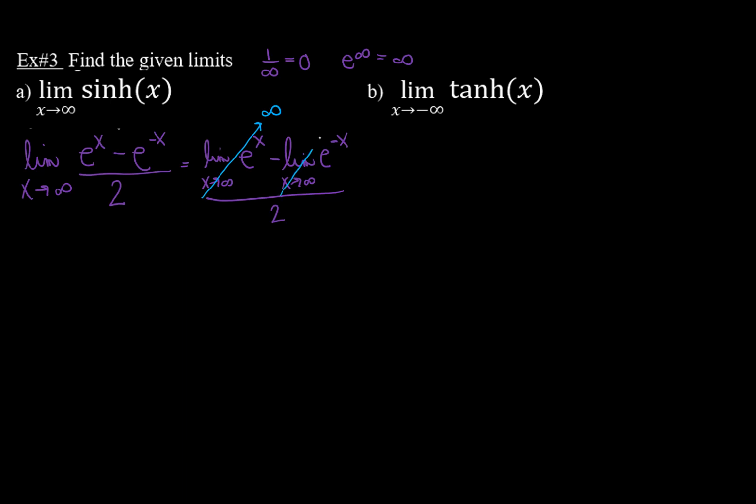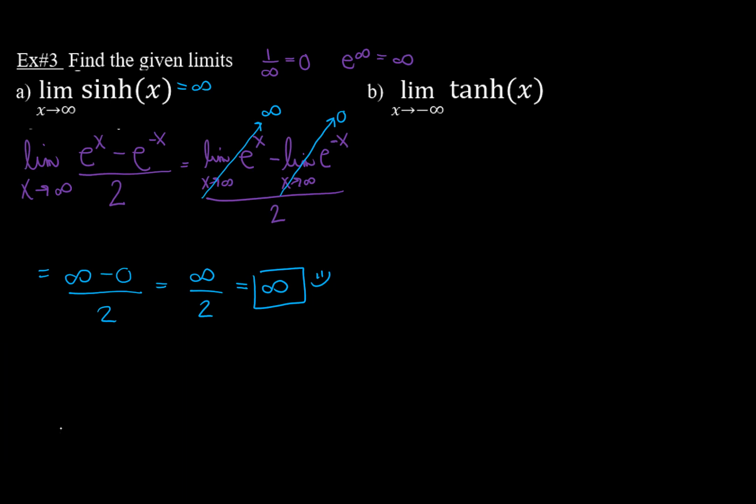And this one here, this approaches 0. So what we end up with is infinity minus 0 divided by 2. Well, infinity minus 0, that's infinity. And infinity divided by 2, what's half of infinity? Yeah, it's infinity. So this final answer here would be infinity.